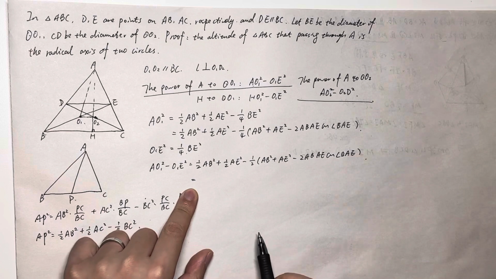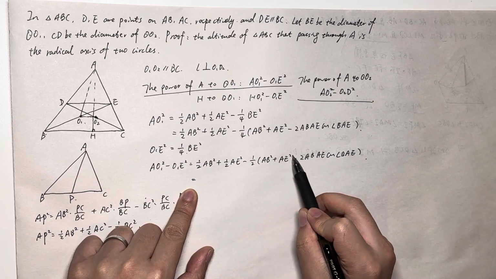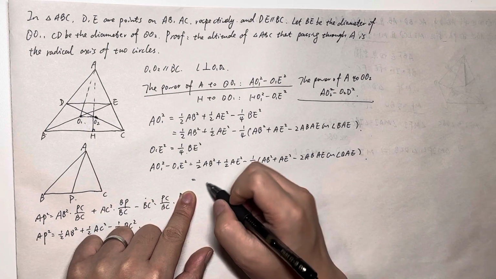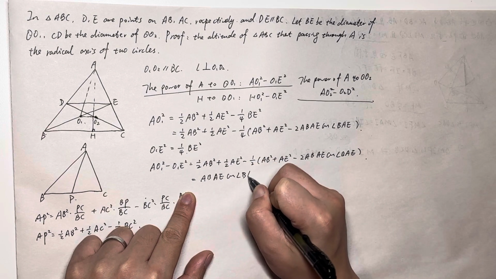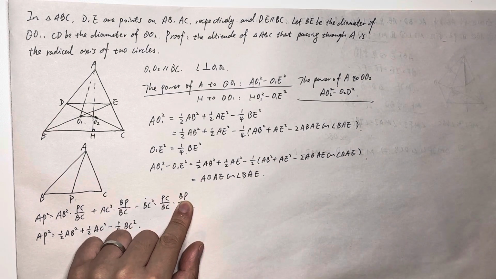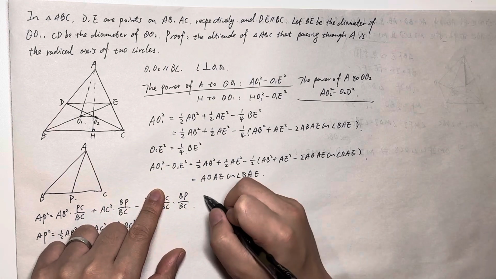The terms cancel, so it equals AB AE cosine angle BAE.